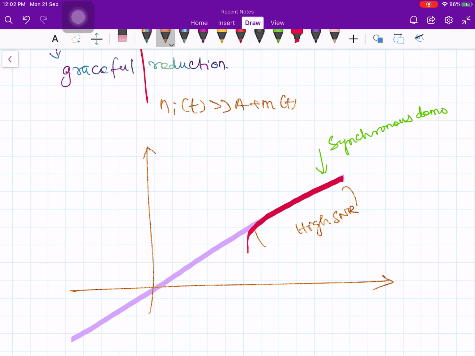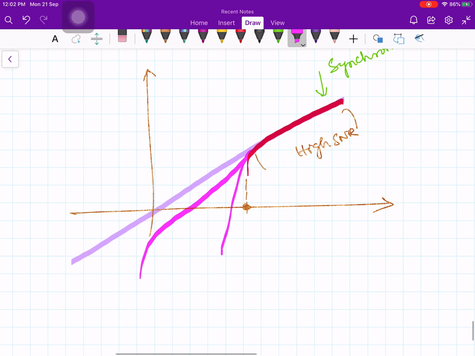The moment you cross certain point, then what happens? Instead of following the straight line, it tries to fall down like this. You start moving down. It is not a straight line. Instead of going the straight line, it comes like this, like that.